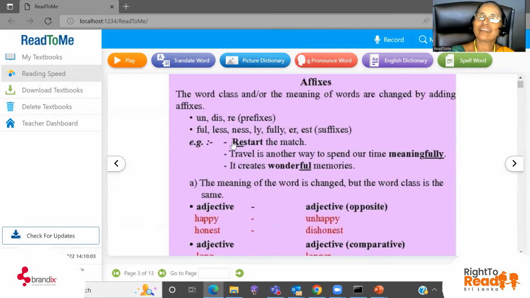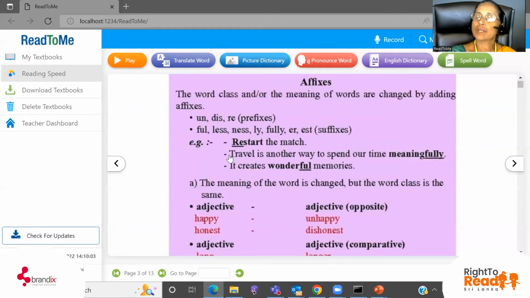What are they? Shall we read them? Restart the match. You also read it. Restart the match. Second sentence: Travel is another way to spend our time meaningfully.